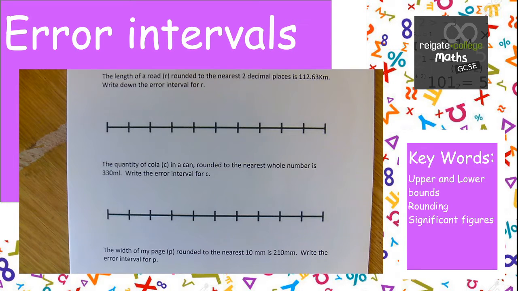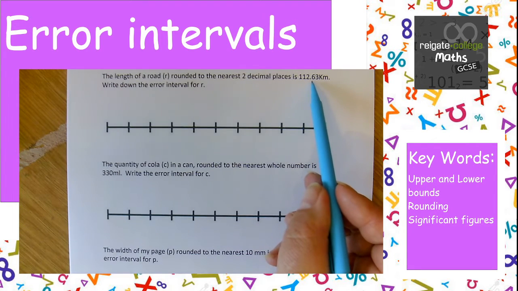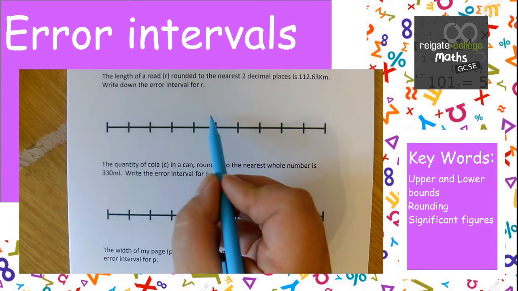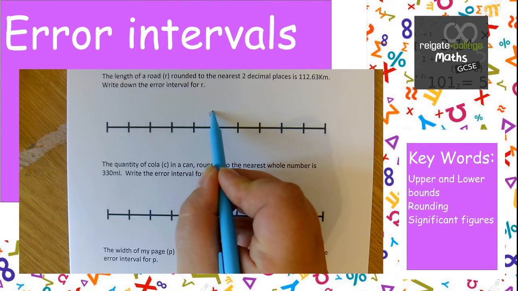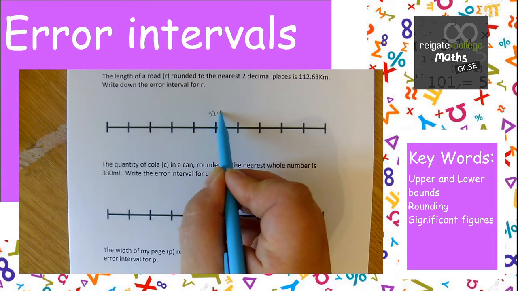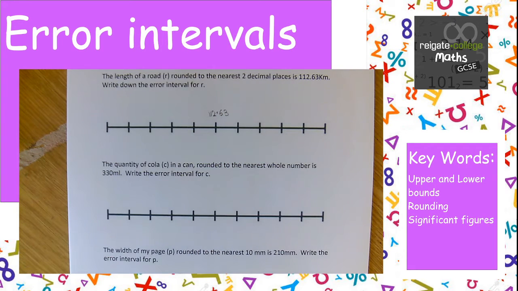I'm going to do a similar thing. This time is for the rounding to 2 decimal places. So I'm going to put my rounded number in the middle of my number line, 112.63 to 2 decimal places.